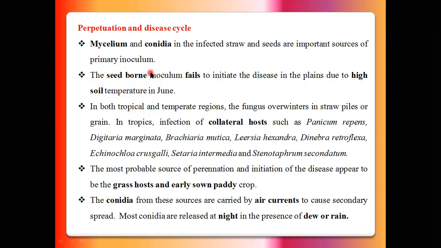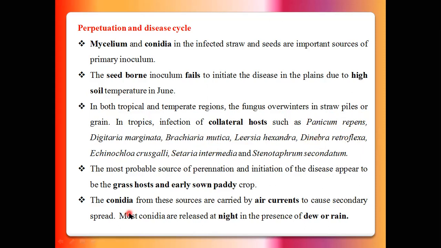Then in the absence of the rice crop, this fungus also develops and overwinters on collateral hosts. A number of collateral hosts may be seen in the rice field or around the rice field, and this pathogen generally survives on these collateral hosts.